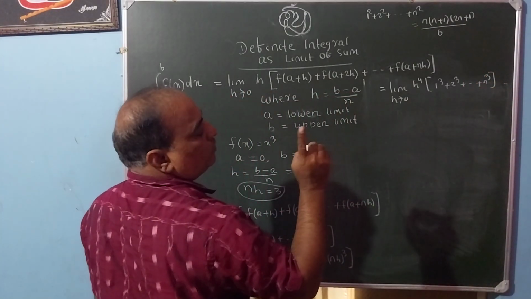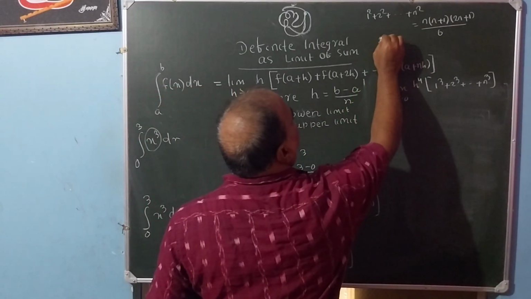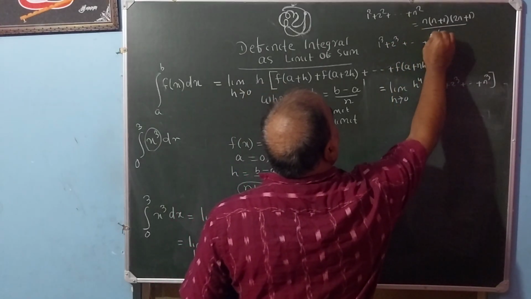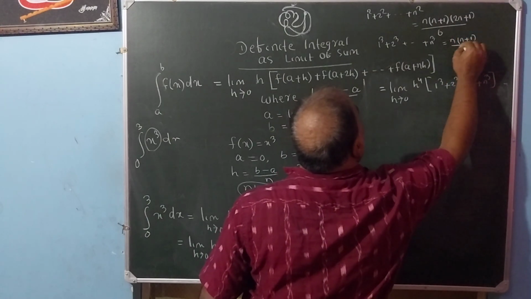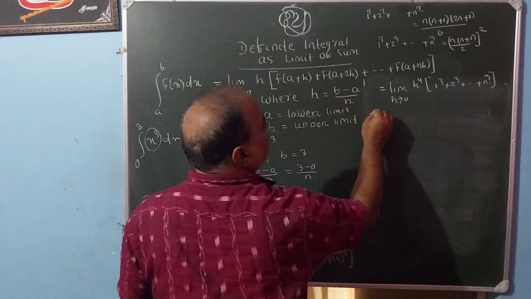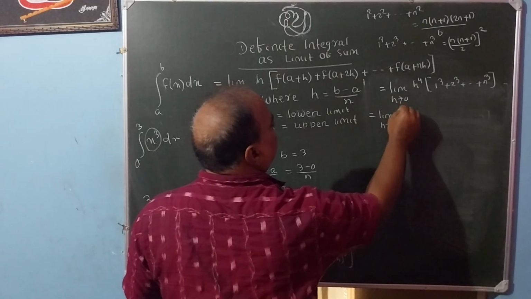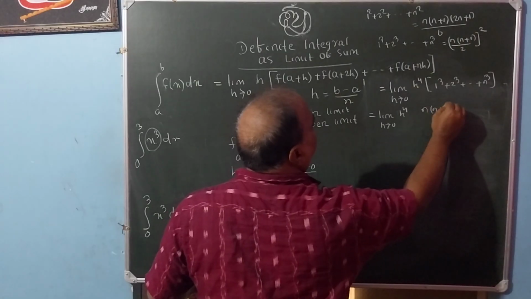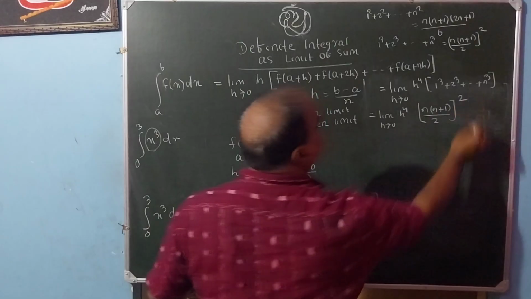Now we know one formula: 1 cube plus 2 cube plus 3 cube, dot dot dot, n cube is n into n plus 1 by 2 whole square. So that is limit h tends to 0, h to the power 4, n into n plus 1 by 2 whole square.